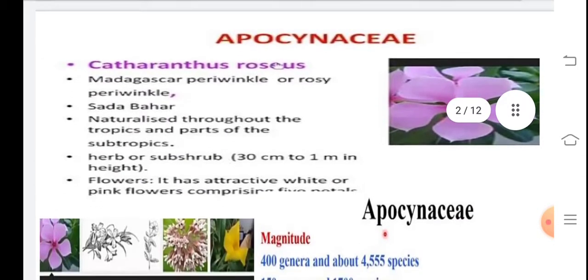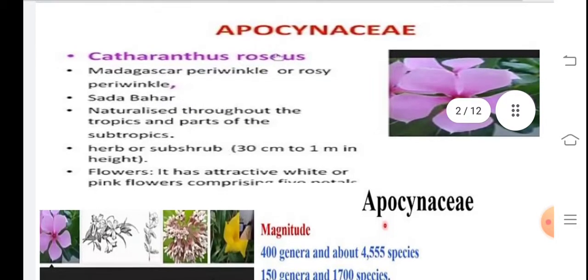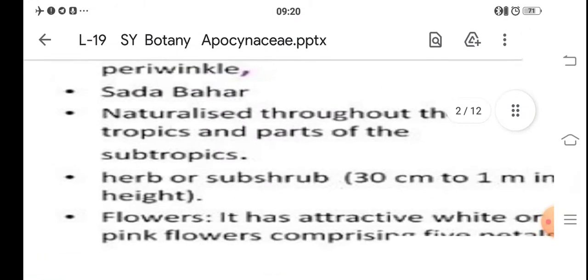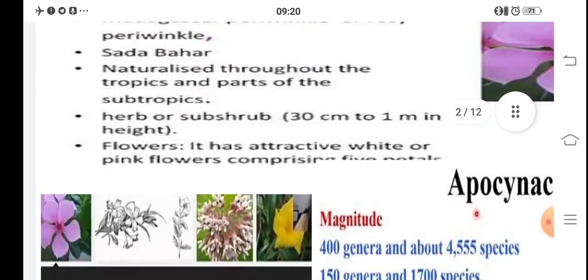Then in this example Catharanthus roseus, commonly it is called Madagascar periwinkle or rosy periwinkle. त्याला आपण सदाबहार असं पण म्हणतो, right, in Marathi. It is commonly found all over the tropics and other parts of the subtropical areas. So this is one character.